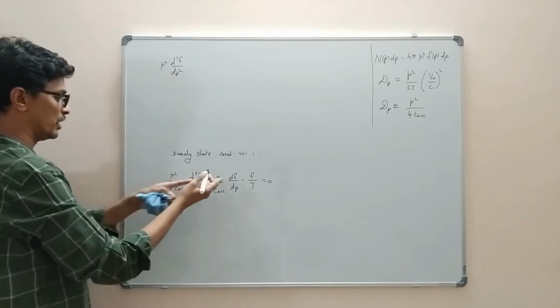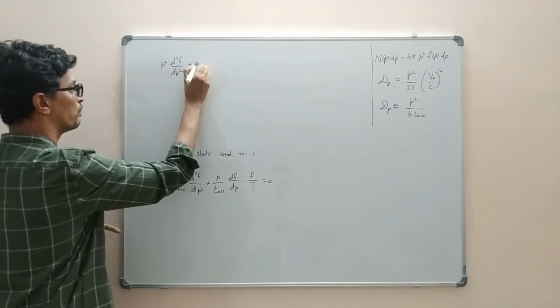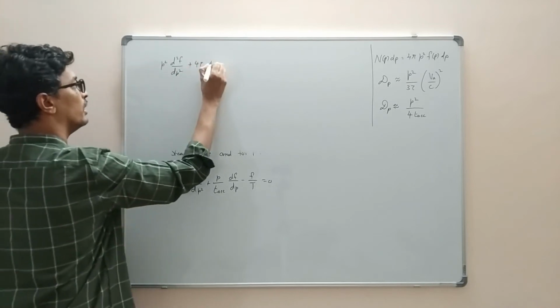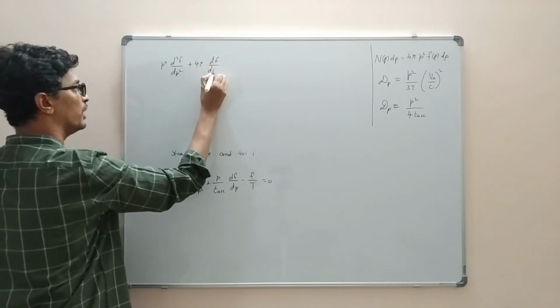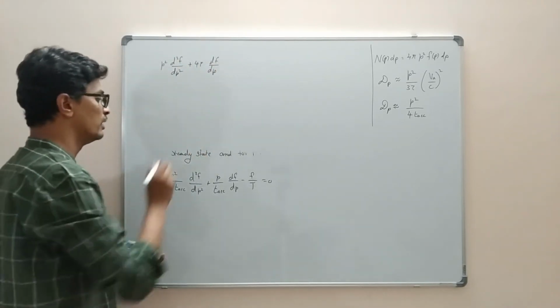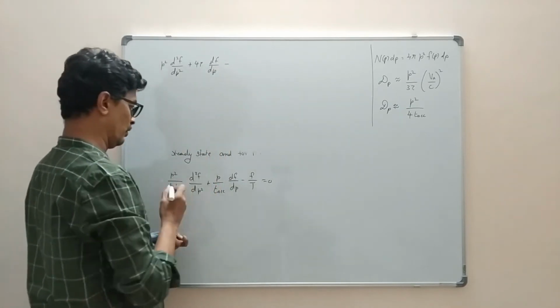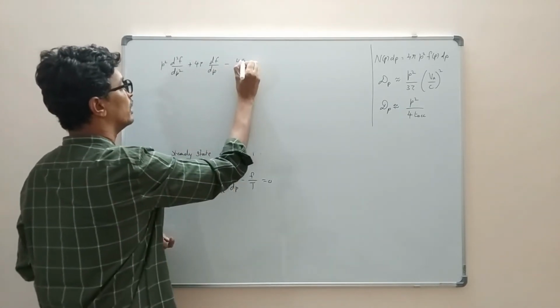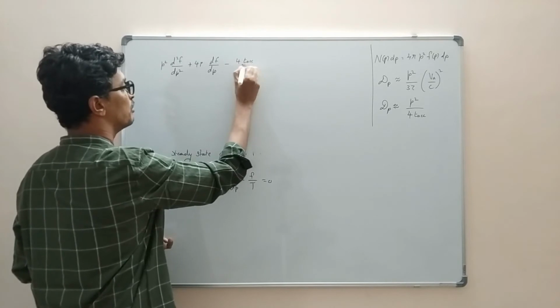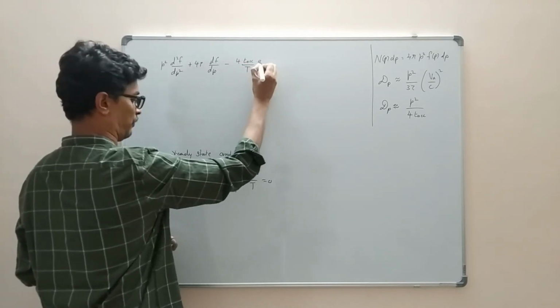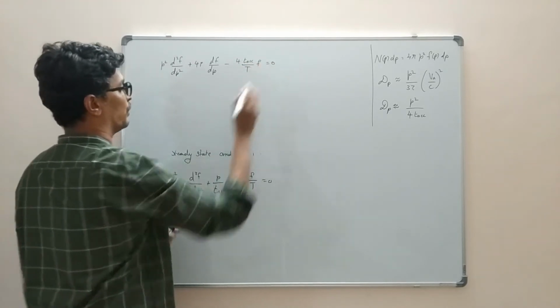This TACC cancels, so 4P dF by dP, and then this will become 4 TACC by T into F. That's equal to 0.